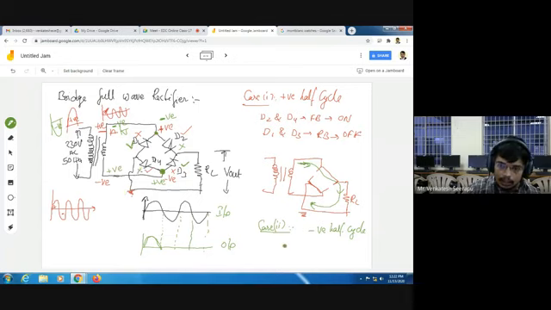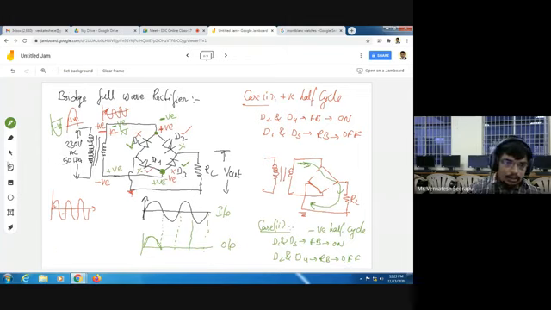Now at this point of time, D1 and D3 are in forward bias condition, acting like on switches, whereas D2 and D4 are in reverse bias condition, acting like off switches.